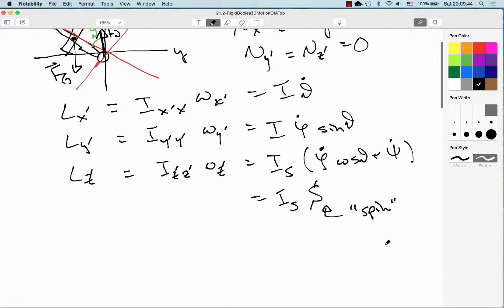Okay. So going back to Newton's law applied to rotations, in a fixed coordinate frame, the torque would be equal to dL/dt.